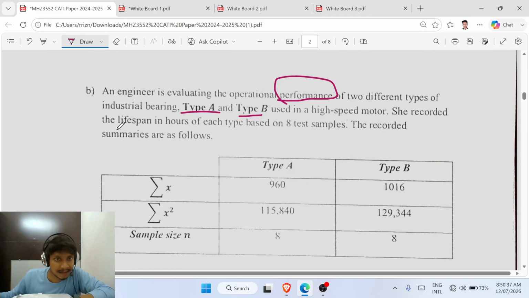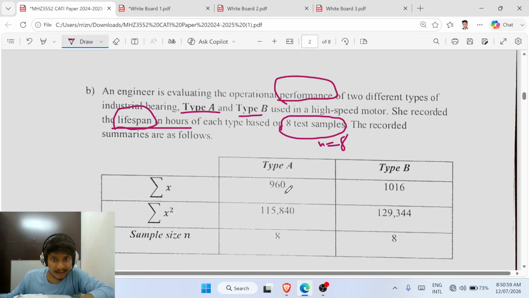She recorded the lifespan in hours of each type based on eight test samples, so n is equal to 8. The recorded summaries are as follows.